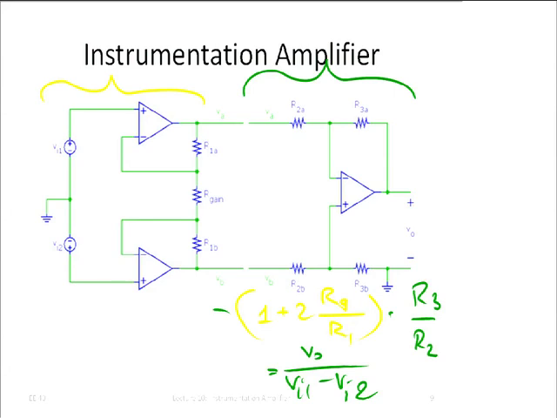Why is it inverting? Is it because you're going to both negative or positive? Yes, but it's because I define this as my positive terminal. I simply, in my equations, I wrote VA minus VB, not VB minus VA. This is the positive terminal. Again, from here out here is negative.